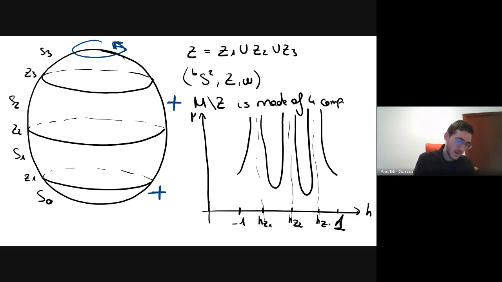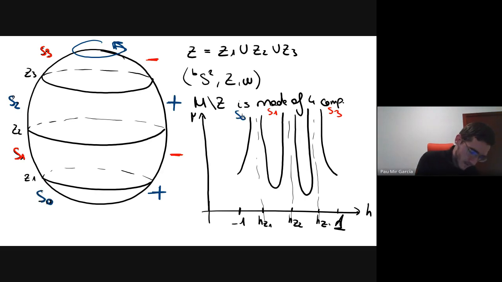We would count the Bohr-Sommerfeld leaves here negatively, and here also negatively. This corresponds, let me write, this is S3, this is S1, this is S1, this is S3, and this is S2, and this is S0.